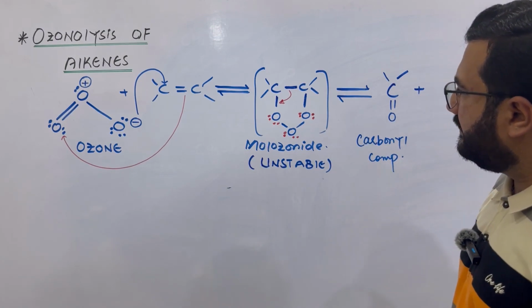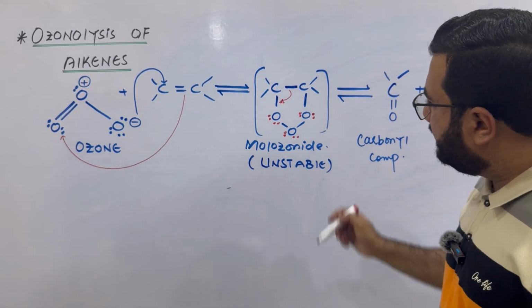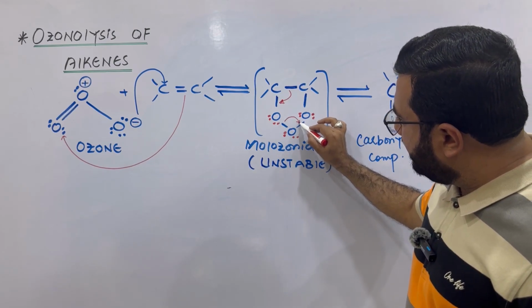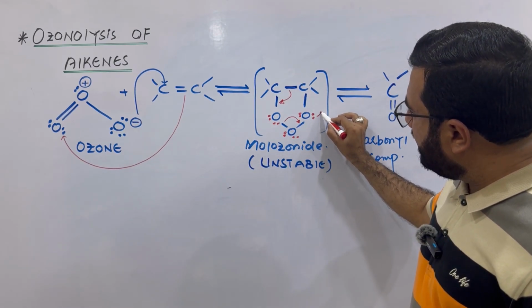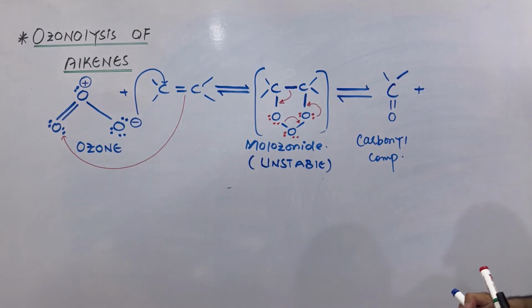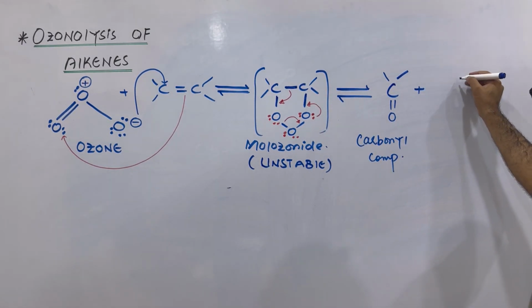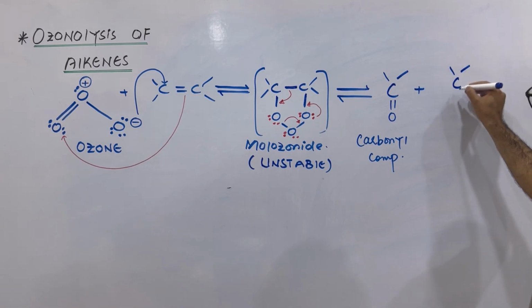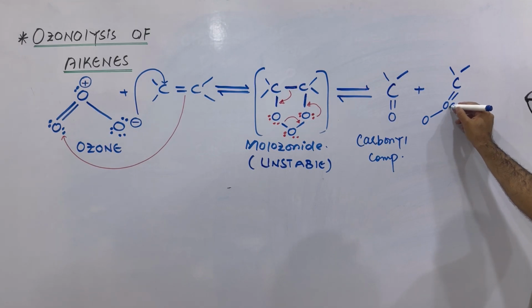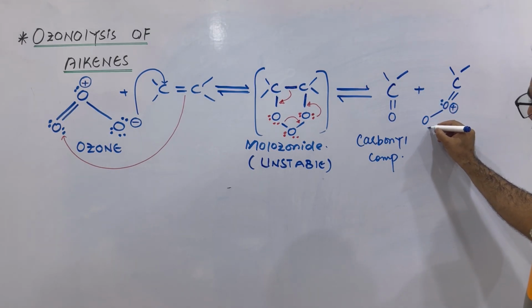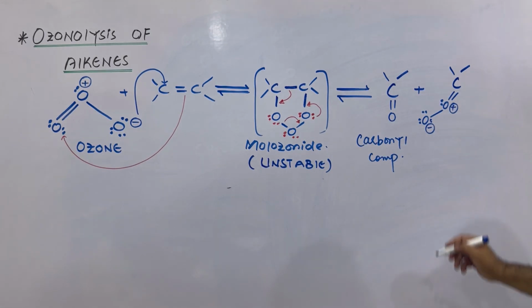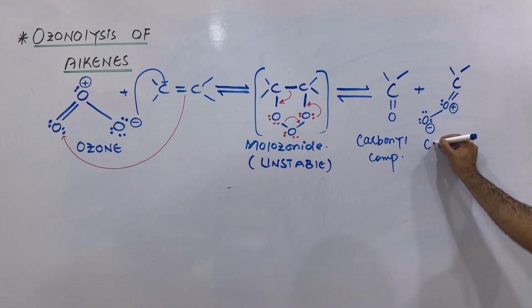And secondly, my dear students, now this bond will be shifted here, and by using the lone pair of electrons, the oxygen will form a bond with the carbon atom, and another product will form that will be this one.